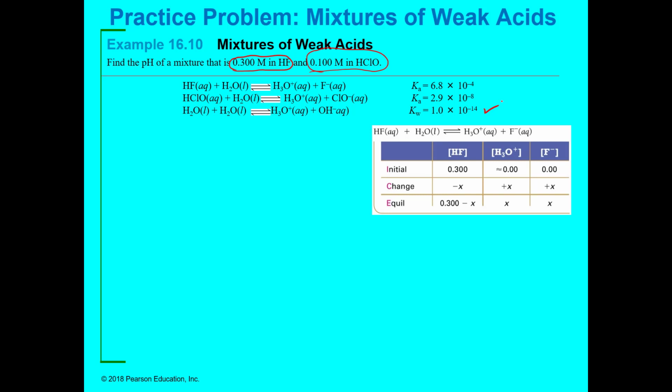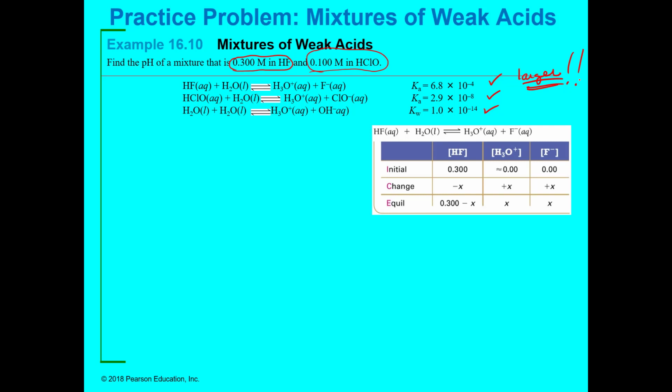Then we've got the HClO that is 10 to the minus 8, okay? And then we've got HF, which is 10 to the minus 4. The 10 to the minus 4 is so much larger than the other two that it's really going to be the only thing that impacts it.